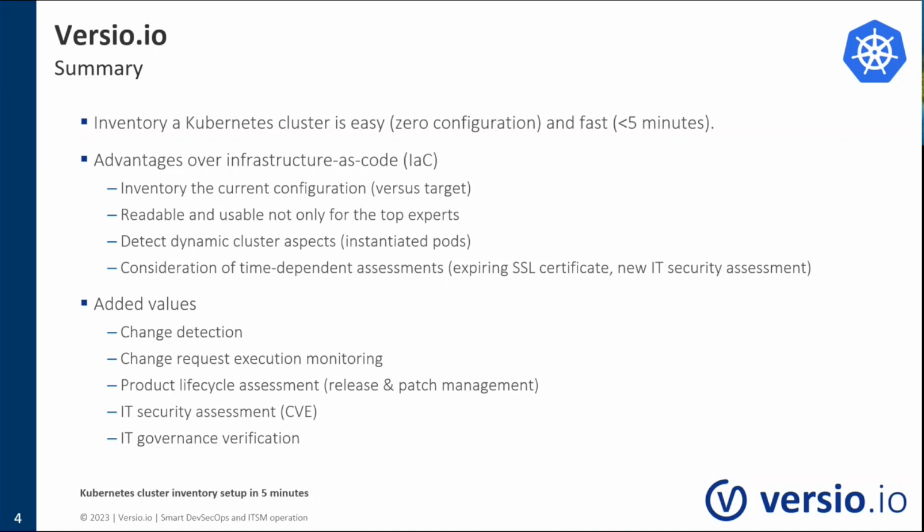You can detect changes in your Kubernetes environment. You can monitor change request executions for planned or unplanned changes. You can make an assessment for your product lifecycle, that means release and patch management. You can make an assessment for IT security, and you can make verification for IT governance.